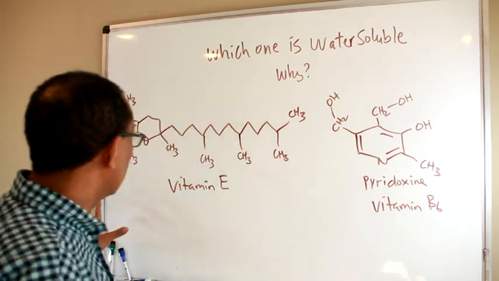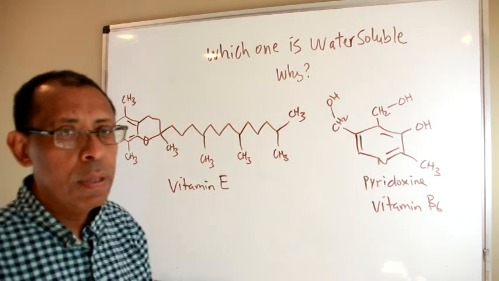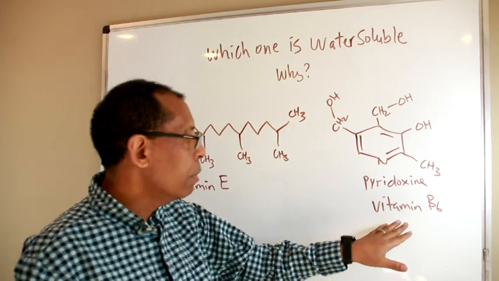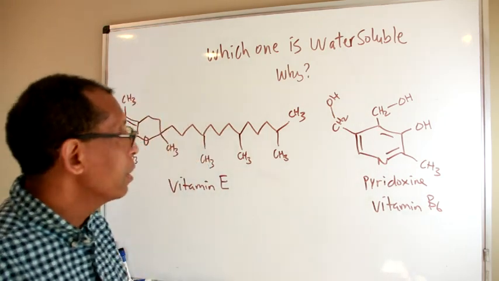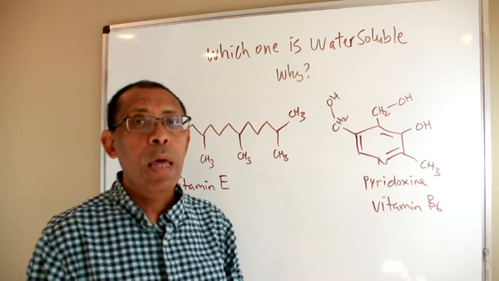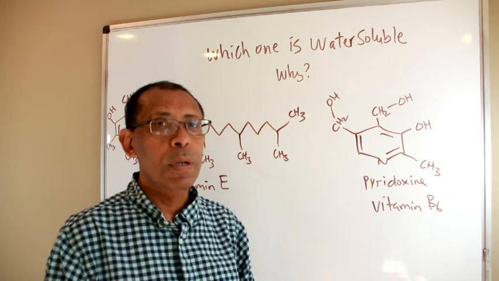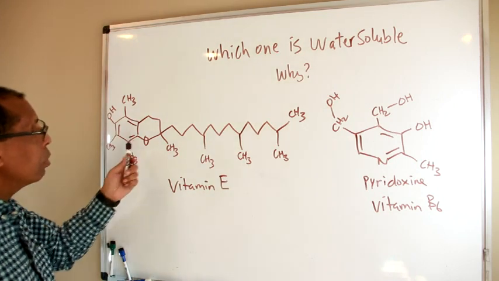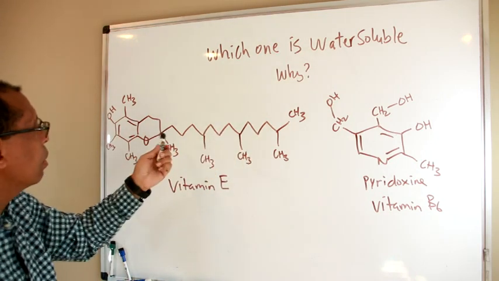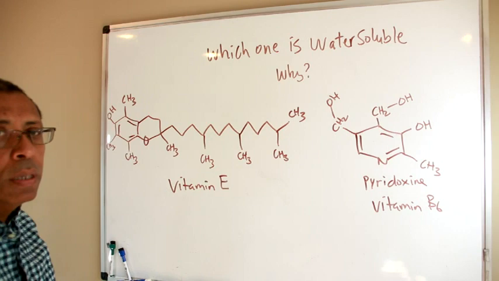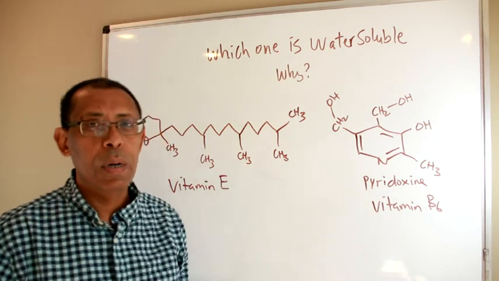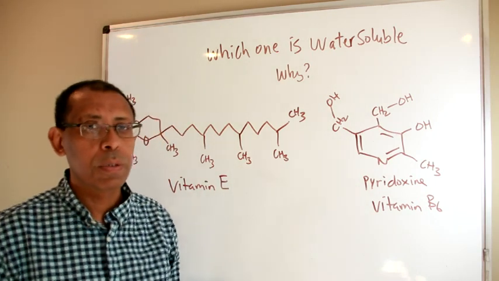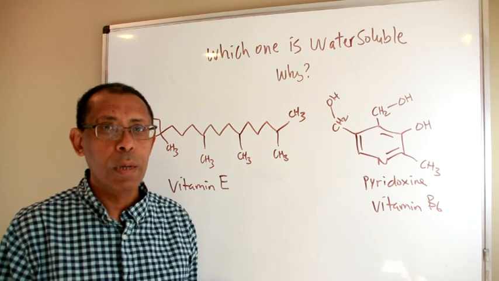So if you just look at the structure of these 2 compounds, vitamin E and vitamin B6, there is a great functional group difference. As you see, it's a long chain of aliphatic compound. When we say aliphatic compound, it means just carbon and hydrogen, which are mostly non-polar.